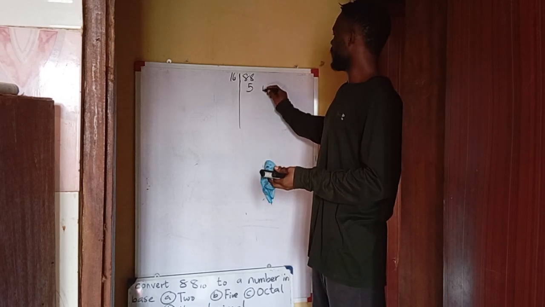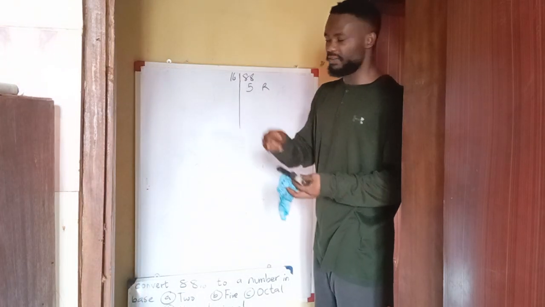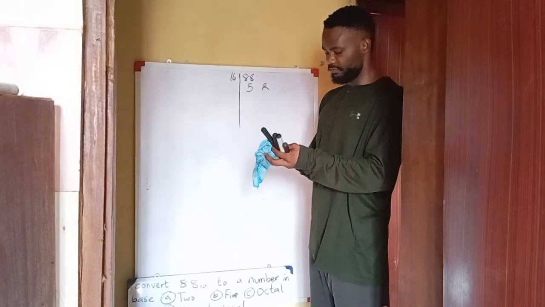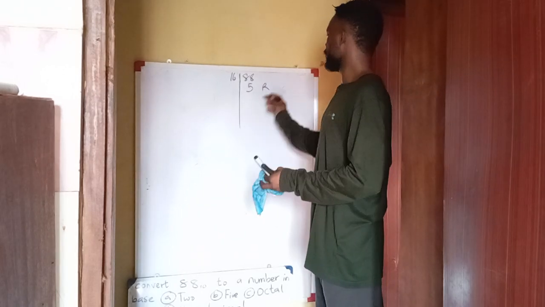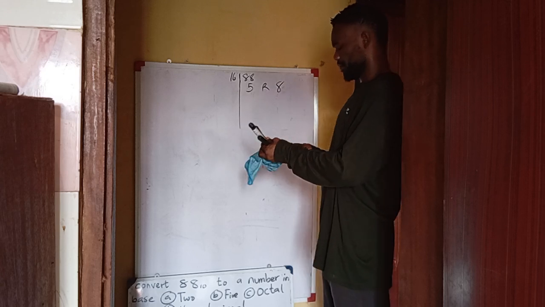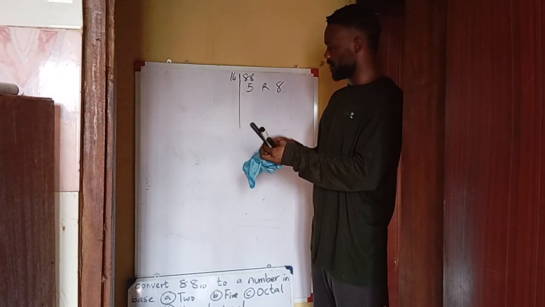5, remainder 0.5. 0.5 times 16 gives 8, remainder 8. So we go again: 5 divided by 16.